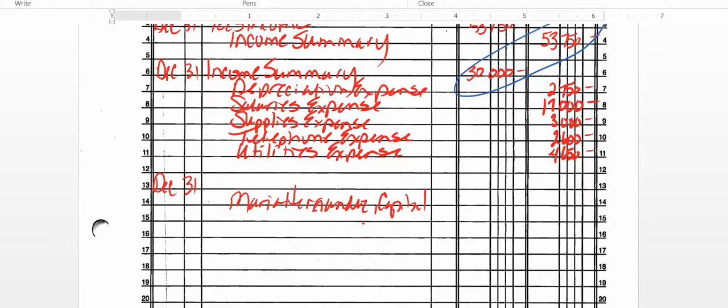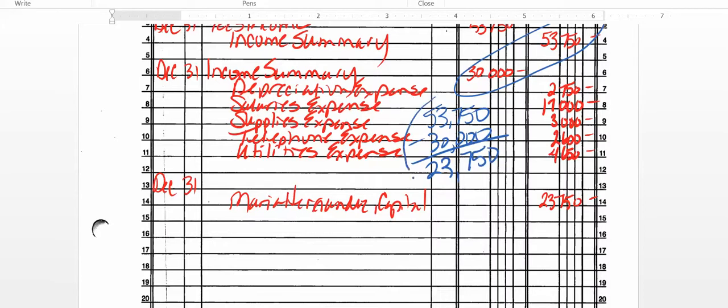Okay, and the balance of our income summary account at this point is $53,750 minus $30,000. And so the balance of that is $23,750. So that's the amount of our net income, $23,750. So that was just on the side, $53,750 minus $30,000 equals $23,750.